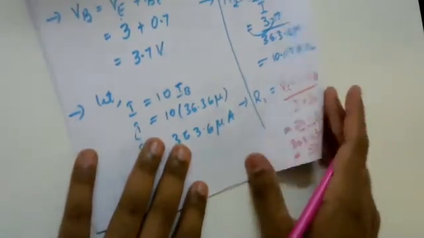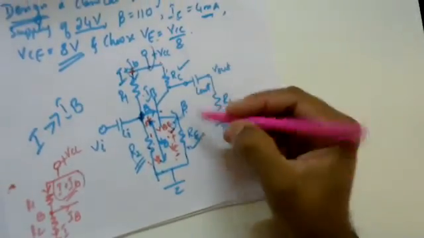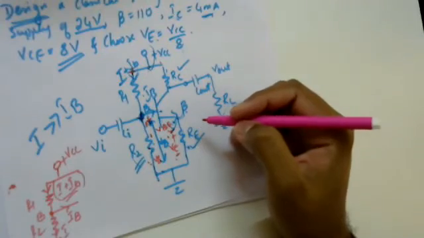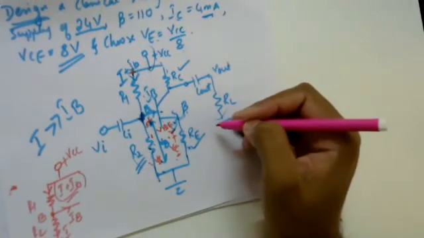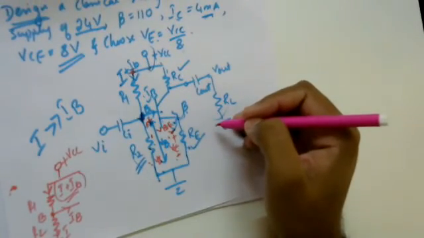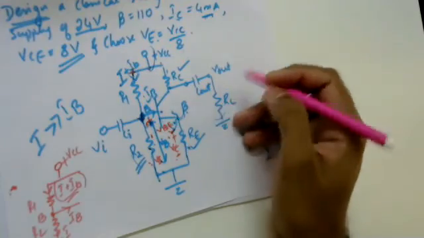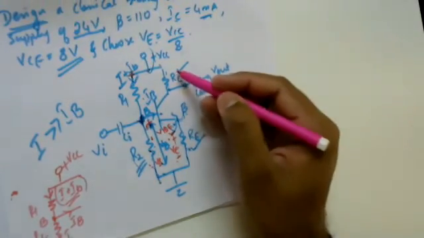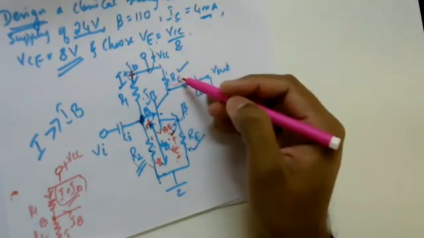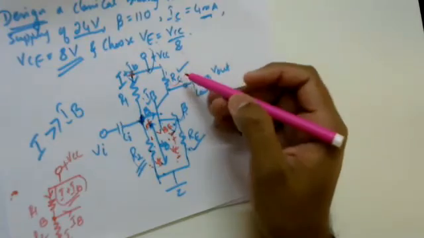So now we are able to design the value of all the components in my circuit. Just to revisit my circuit, we first computed the value of RE, which is found to be 743.2 ohms, or 741, whatever we have got. Then the value of RC is 3.25 kilo ohm.